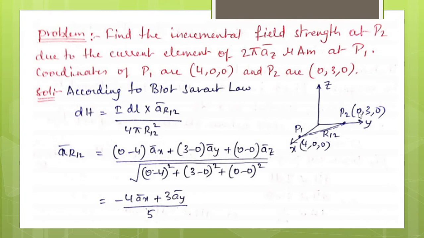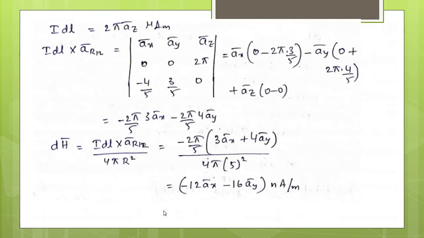So it is (0 minus 4) aX plus (3 minus 0) aY plus (0 minus 0) aZ divided by the magnitude. To find the magnitude, we write (0 minus 4) whole square plus (3 minus 0) whole square plus (0 minus 0) whole square. Simplifying, we get minus 4 aX plus 3 aY divided by 5.